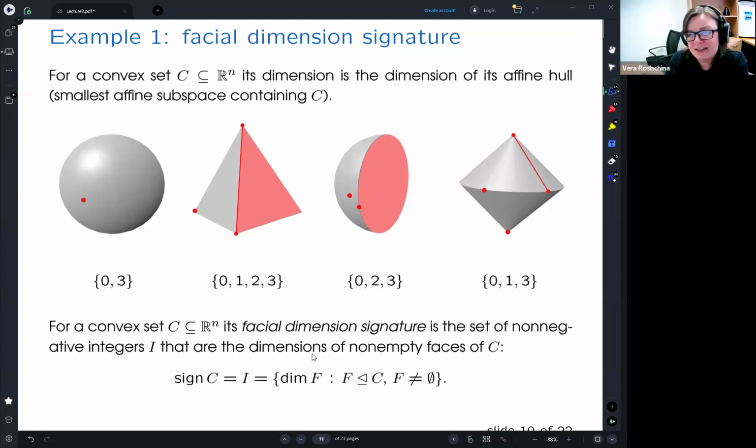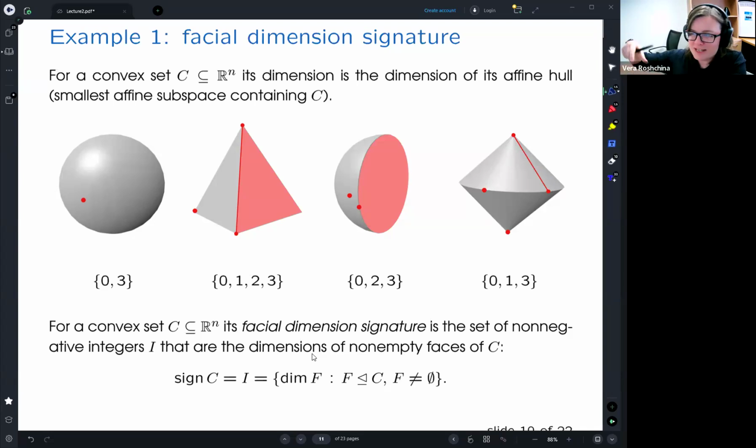If I have a polytope, then the dimensions of faces will go from 0 to the dimension of this polytope. So I have vertices, edges, and so on. Then the last 2 objects in these pictures are just examples that show all remaining possibilities for 3-dimensional space. So, for example, if I cut the Euclidean ball in half, then I'll generate a 2-dimensional face. So the faces will have dimensions 0 to 3.